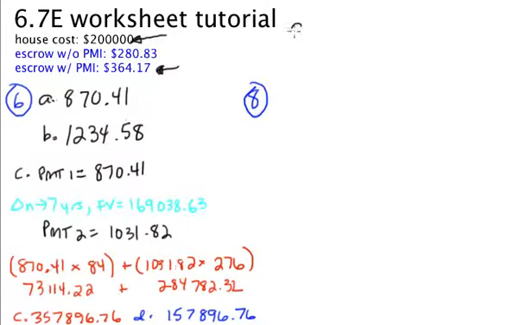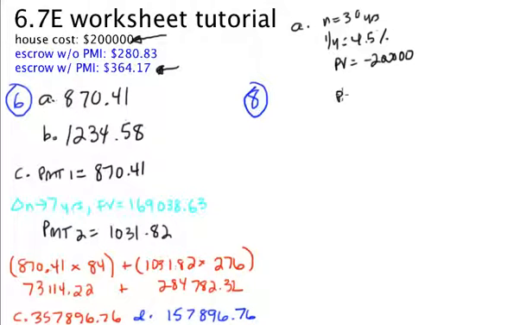So I'm actually going to start way up here. What is your initial payment? Well, N is going to be 30 years. Your interest per year is going to be 4.5%. Your present value is going to be $200,000.